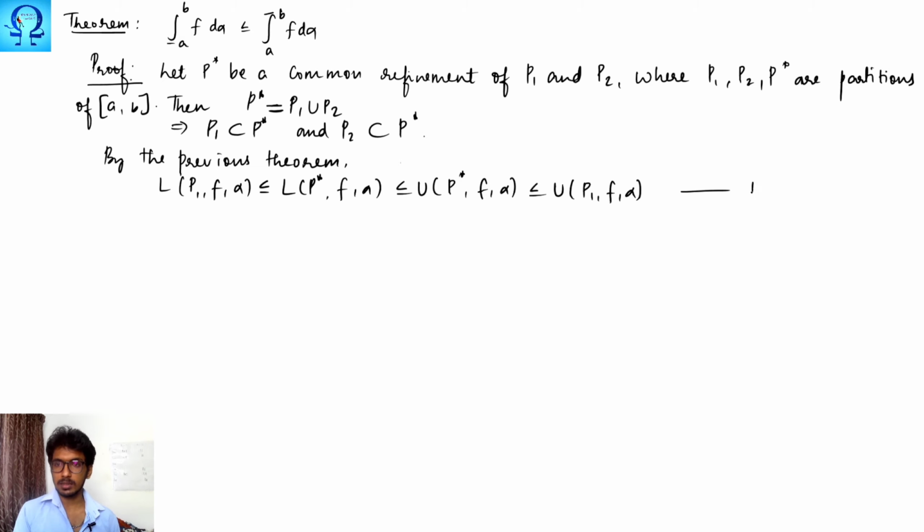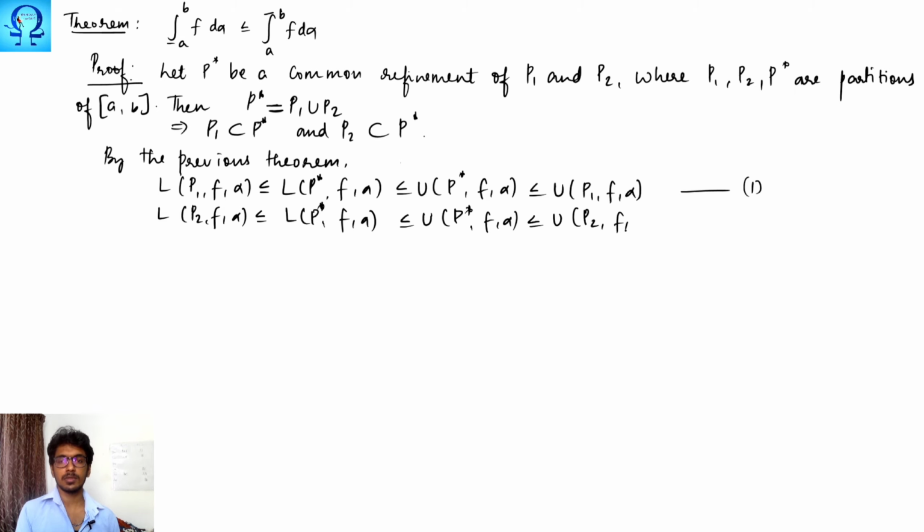Let us mark this as equation 1. And here we have L(P2, f, alpha) less than or equal to L(P star, f, alpha), less than or equal to U(P star, f, alpha), less than or equal to U(P2, f, alpha). Let us have this as equation 2.